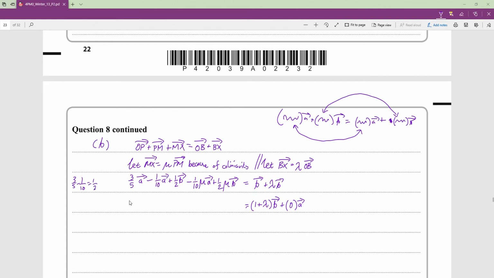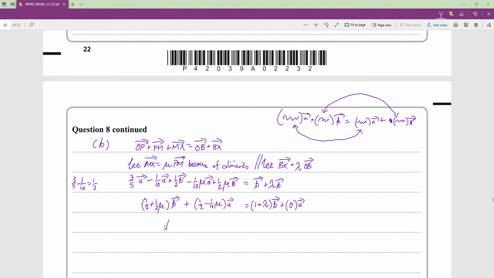So a half minus 1 over 10 mu times the vector a, plus, and now let's look at the b vector component, a half plus a half mu times b. So that's what our b will be. It is equal to the expression we just worked out on the right-hand side.